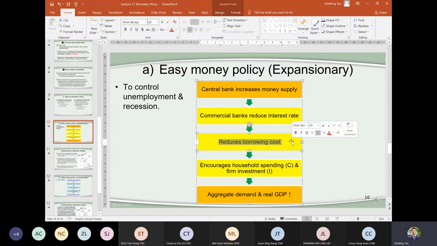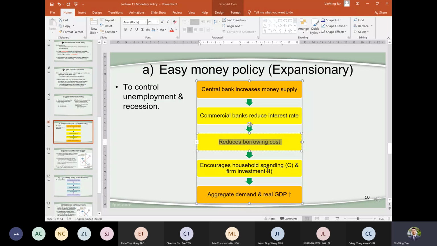If that's the case, this will encourage individual households and private firms to borrow money from the commercial bank. Then this will increase household spending and also increase private firm investment. The private firm can use the loan received from the commercial bank to extend the business or to open a new business.